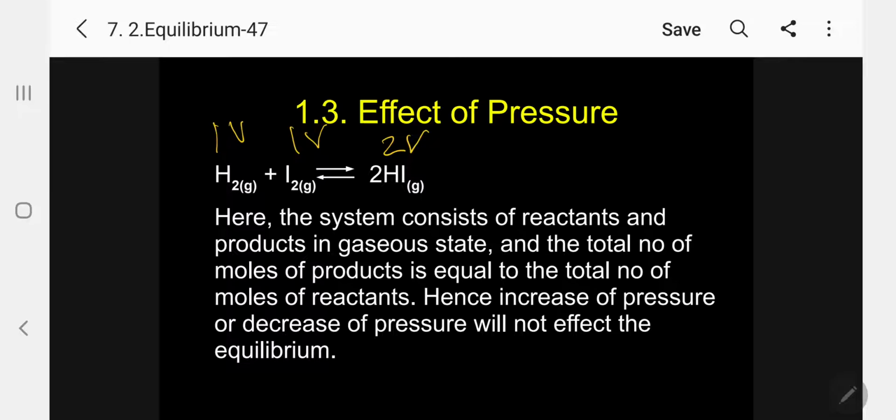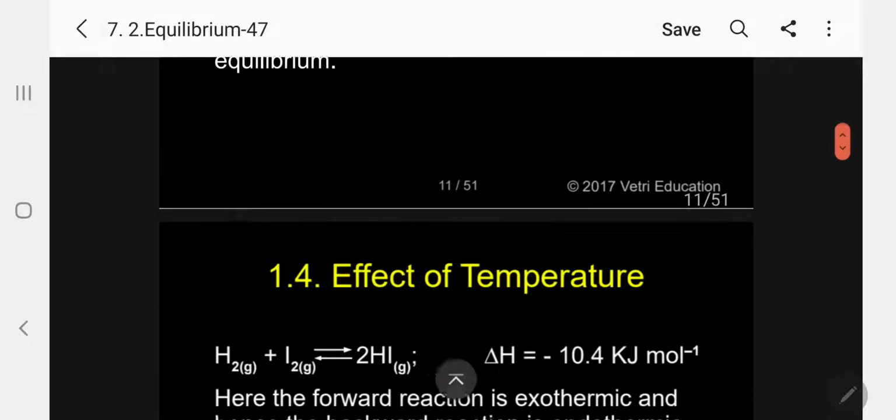Hence, increase or decrease of pressure will not affect the equilibrium, because in the original equation, Kc equals 4x squared by (1 minus x) whole squared, there is no V involved and no P involved. So pressure and volume will not affect the equilibrium.